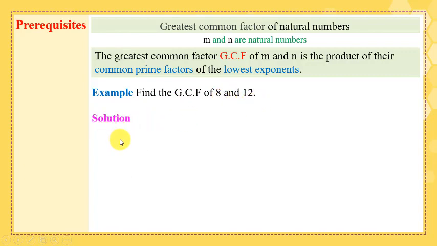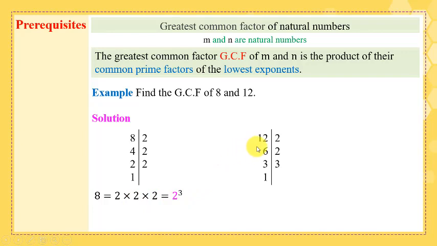Solution. Number 8 is divided by 2, 4, by 2, 2, by 2, 1. So number 8 is 2 times 2 times 2, which is equal to 2 cubed. Number 12 divided by 2, 6, by 2, 3, by 3, 1. So number 12 is 2 times 2 times 3 is equal to 2 exponent 2 times 3.